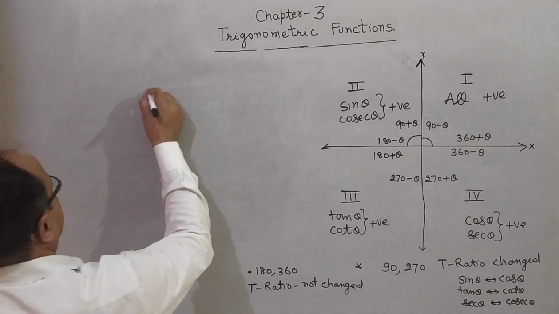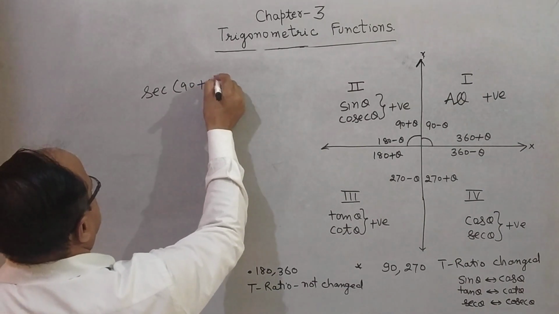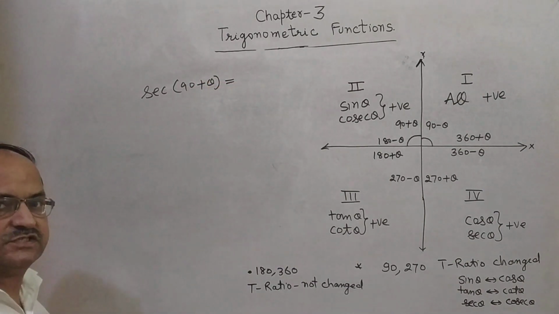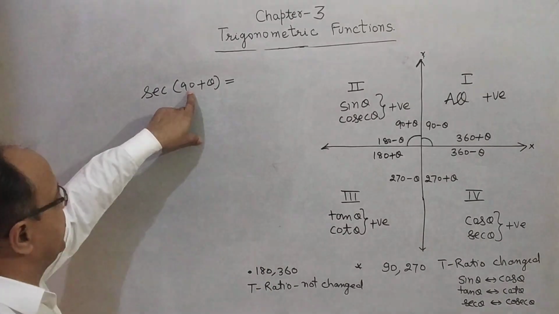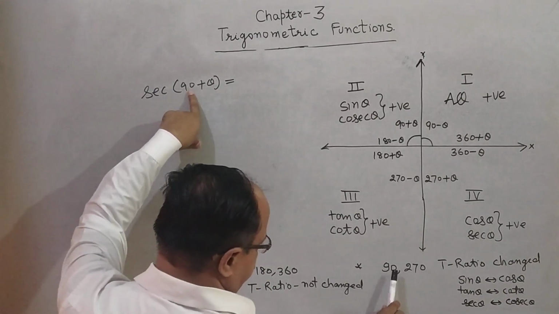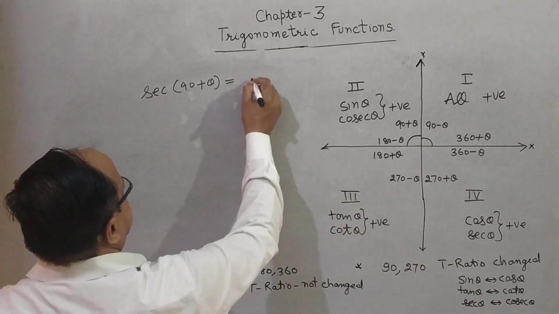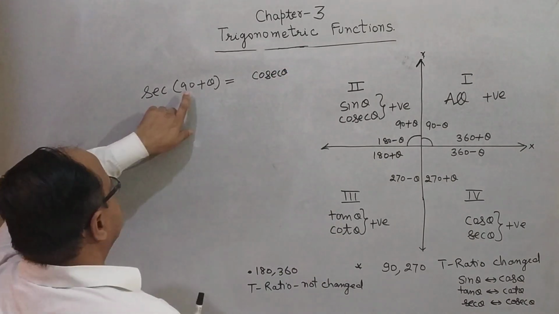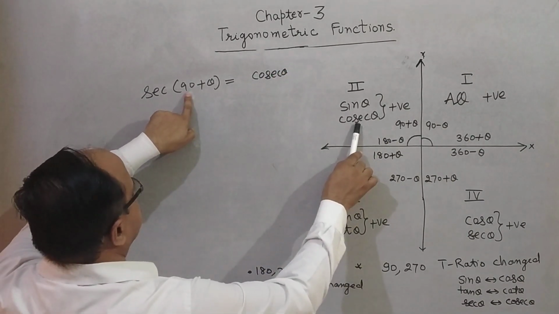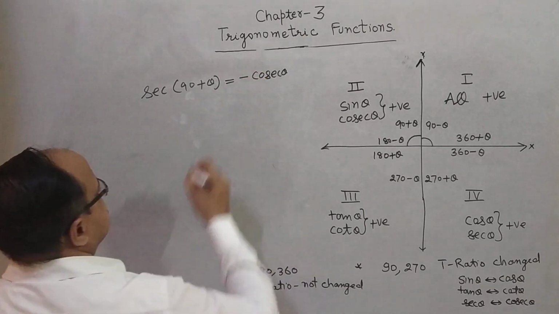Now, tell me sec (90 plus theta). It is the case of 90, then the T ratio will change. Sec changes to cosec, so you can write cosec here. But you know that 90 plus theta lies in the second quadrant, and in the second quadrant sec is negative. So minus sign here.